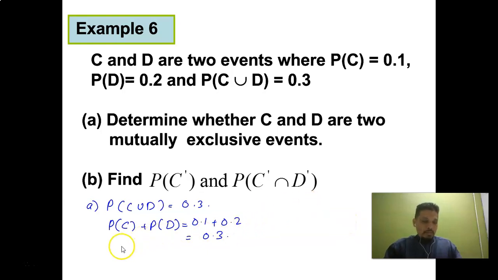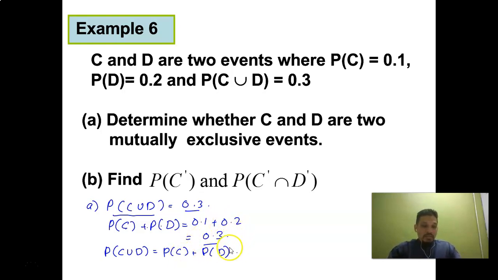Okay, so probability of C union D equal to probability of C plus probability of D, which is 0.3. Since there is no intersection between C and D, so then C and D are mutually exclusive events.